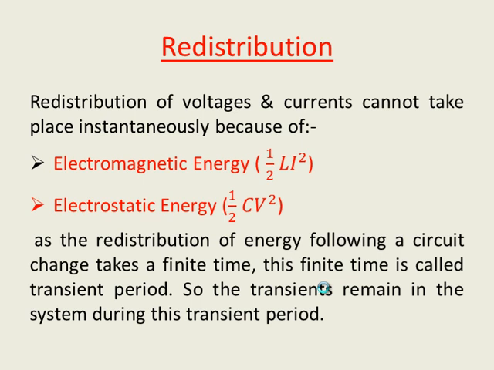This inductance opposes the change in current, which is its inherent property. So whenever there is a fault, there will be a change in current. Obviously a part has been isolated, so the current will take a new value, but the inductance present in the system will oppose that change.